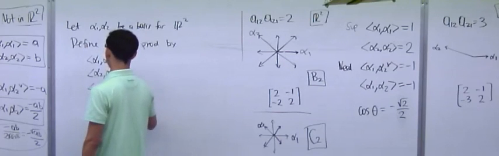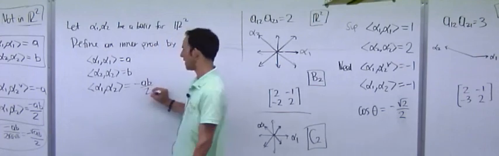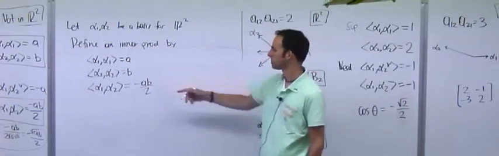And nothing can stop me from doing this because alpha 1 and alpha 2 are independent. They are a basis, so I can freely choose these numbers.